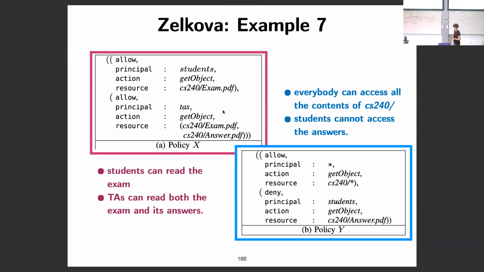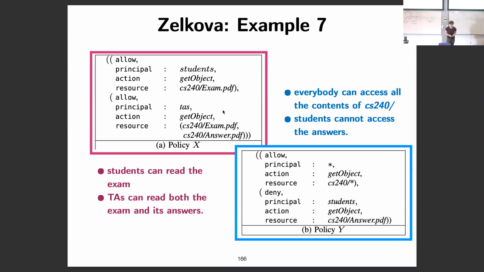But yeah, if we look at this example, they've got a paper on the gubbins behind Zelkova. We might want to write a policy that says, in a world where we're allowed to put exams in S3 buckets, which we're not, probably for good reasons, we might have an S3 bucket where the students can read the exam, the TAs can read both the exam and its answers, and that seems kind of reasonable.